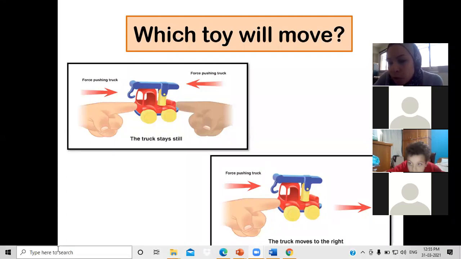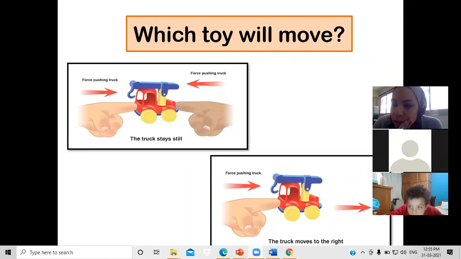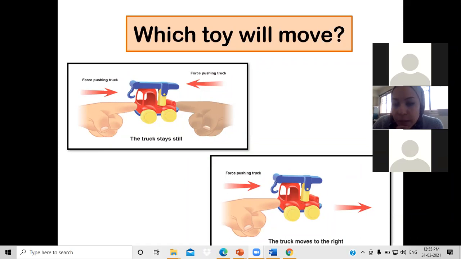Huh? No one knows? Only Suhaila knows. Yes, Suhaila. The unbalanced force.